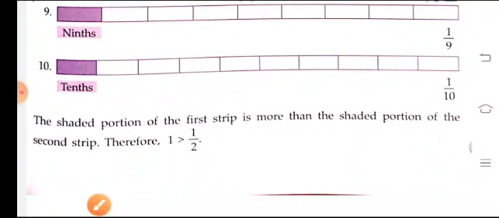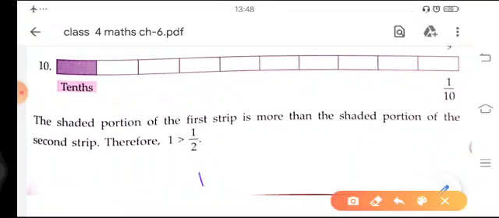See, all strips are divided into 10 equal parts, and in each strip there is a difference in the shaded portion. In the first strip we shaded one part, in the second strip we shaded two parts, next 3, 4, 5 and so on.